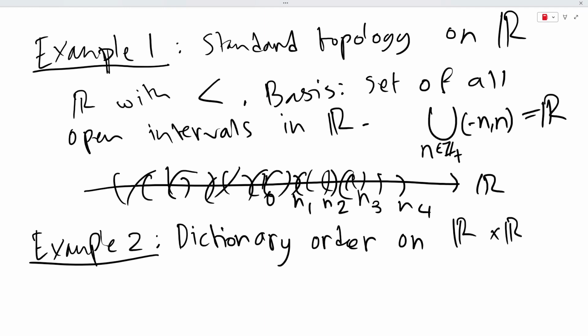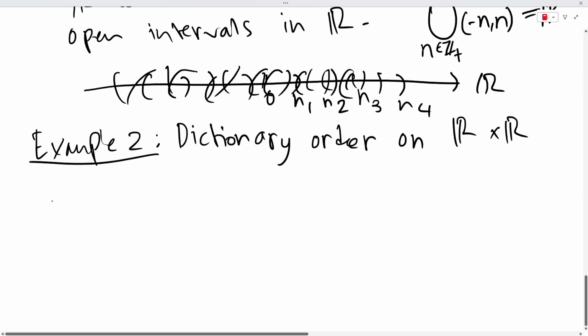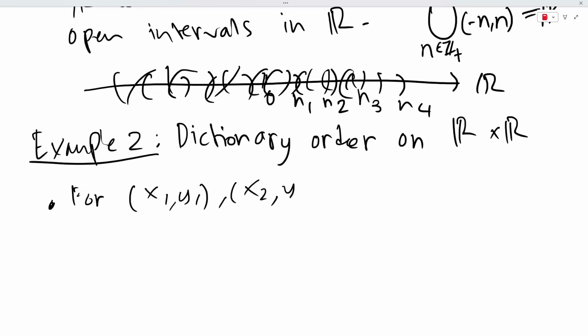R times R. So that's the Cartesian product of R with itself. So firstly we pick 2 points, (x1, y1) and (x2, y2) in this Cartesian product, which I will just write as R².